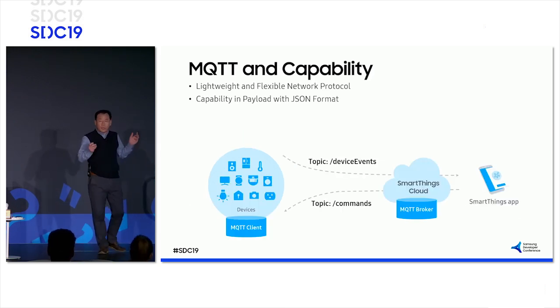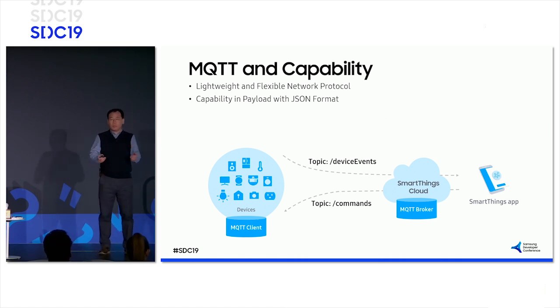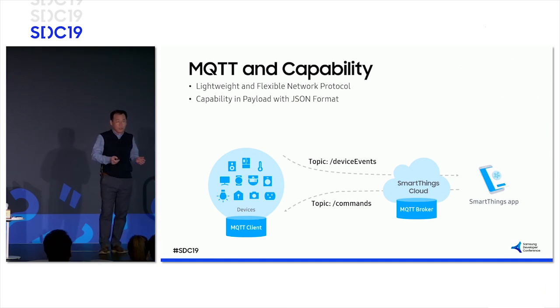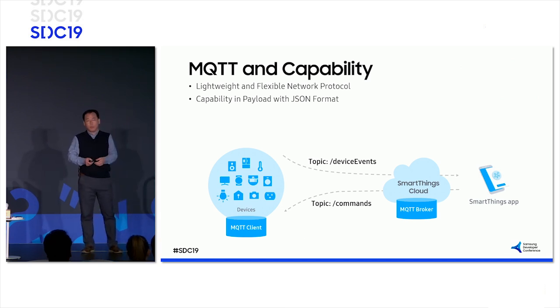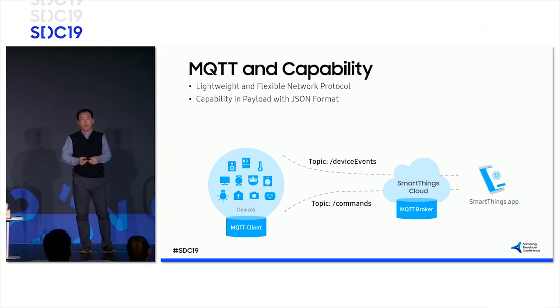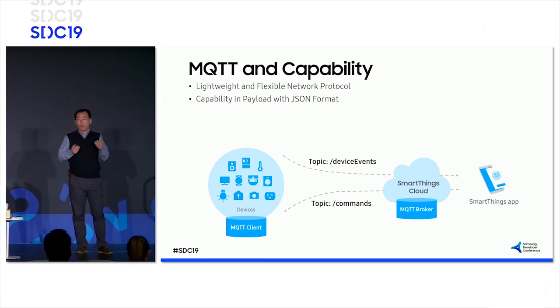All right, MQTT and Capability are key concepts of the SmartThings Device SDK. As you know, MQTT stands for Message Queuing Telemetry Transport, and it's one of the most popular transport protocols in IoT applications. And the capability is a core of the SmartThings architecture.